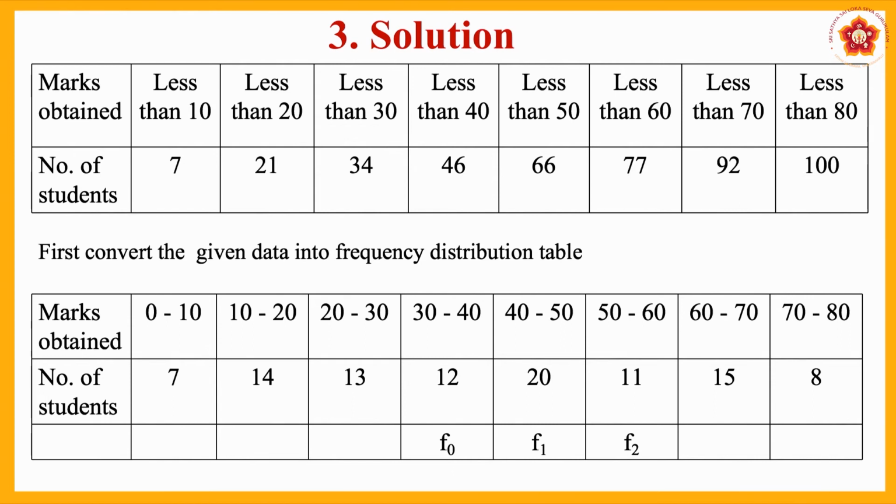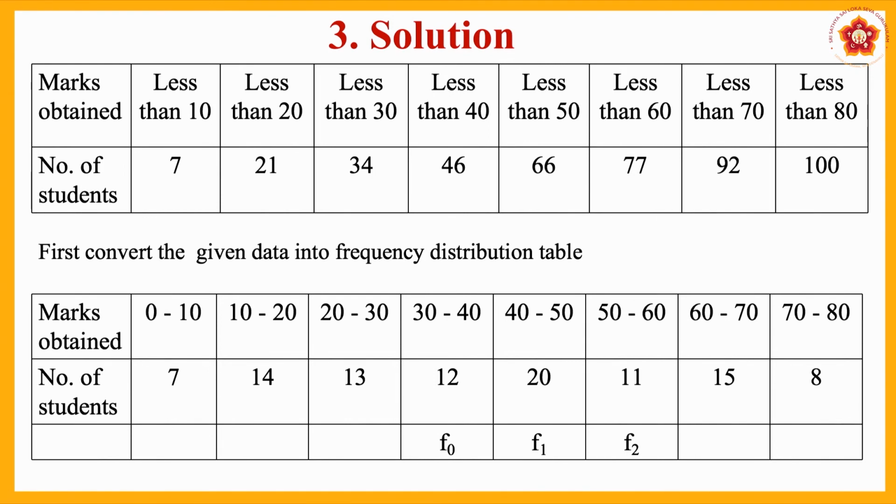Now we already know that less than 10 there are 7 students, therefore for 0 to 10 you have to write 7. Next less than 20, 21 boys are there, out of that already 7 is less than 10. So the range 10 to 20 becomes 21 minus 7, then you will get 14 students in this group. Next 20 to 30, less than 30, 34 students are there.